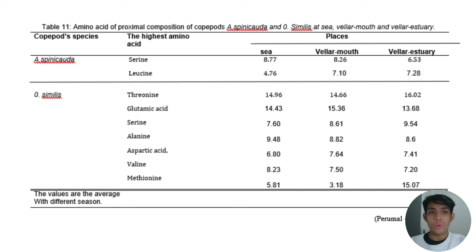The results show the amino acid was higher than the lipid, and some of the highest amino acids are serine, leucine, threonine, glutamic acid, alanine, aspartic acid, valine, and methionine. At different places, there were different values.